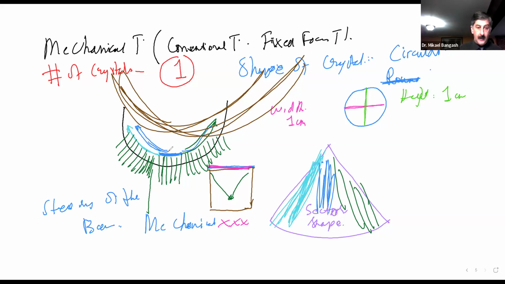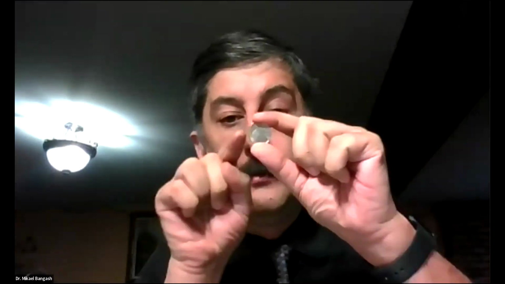Because of the mechanical or physical movement of the PCT itself. Just think of it this way: if this is the coin right now, it's sending out a beam straight.